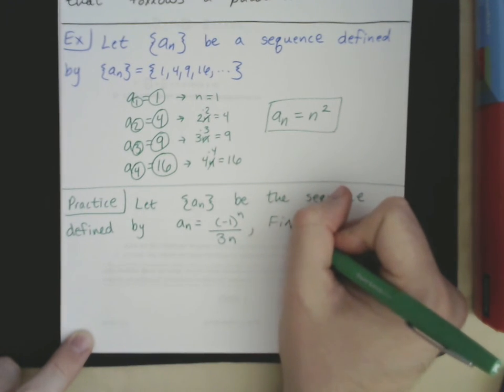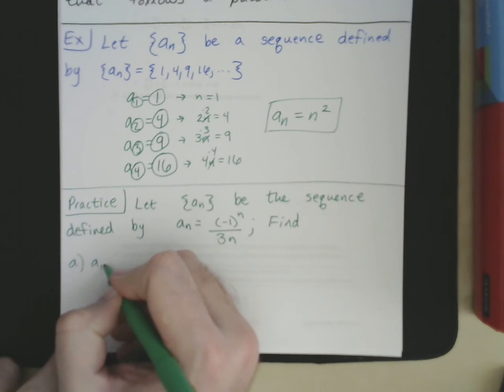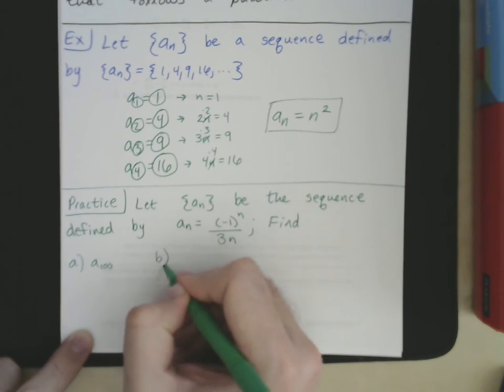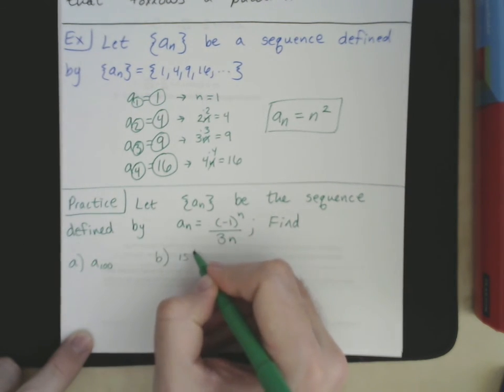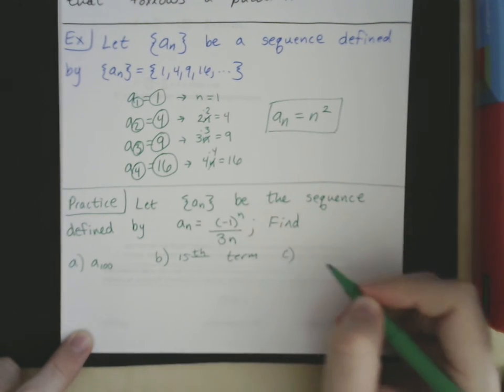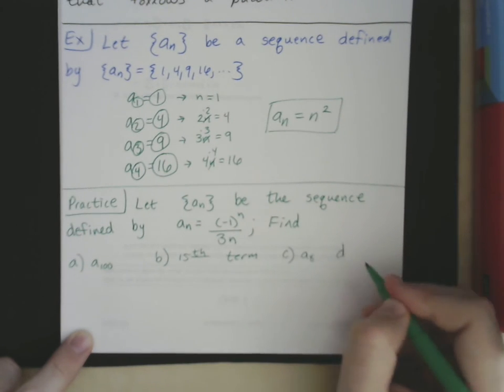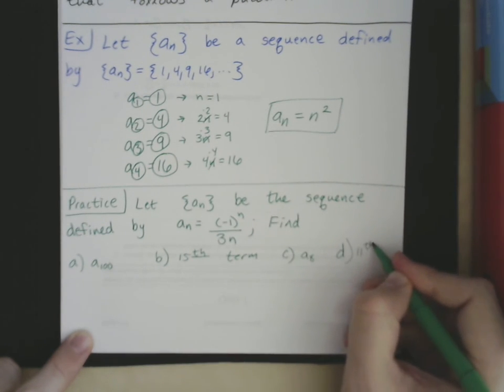And I would like you to find a, a sub 100, b, the 15th term, c, a sub 8, and d, the 11th term.